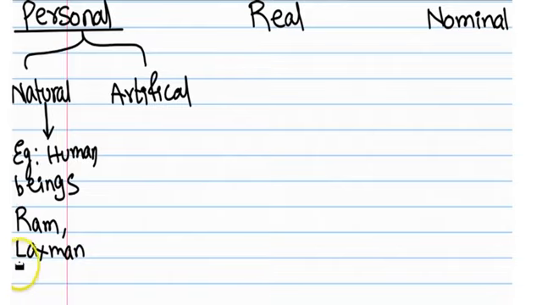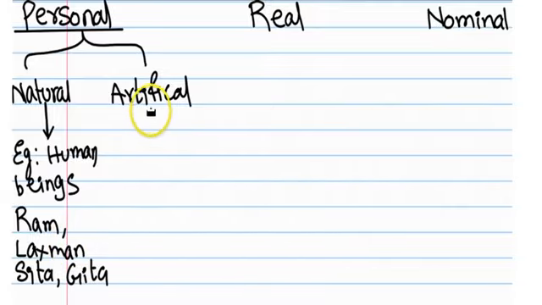It can be Sita, it can be Geeta, anyone. These are all natural persons, human beings, and they are identified as personal accounts. These are natural persons, living beings or human beings as you say.